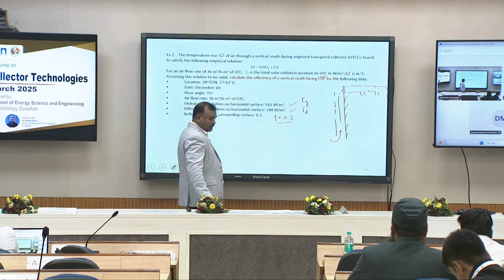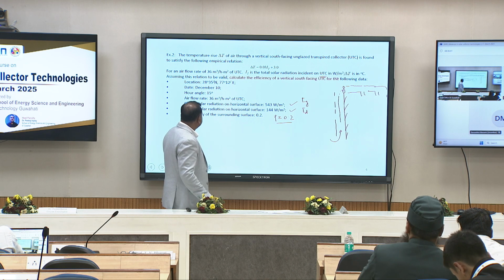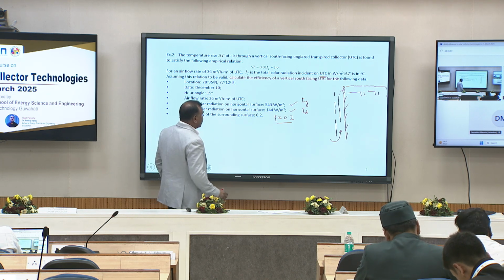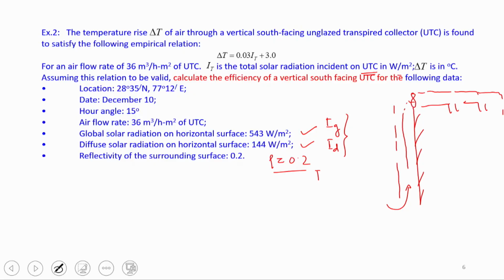Then the expression for IT, and from this value we can also find out what the beam radiation falling on the collector system is. It is Ig minus Id.